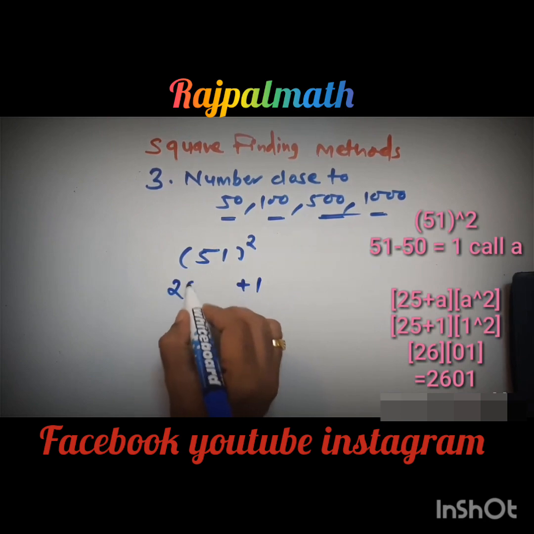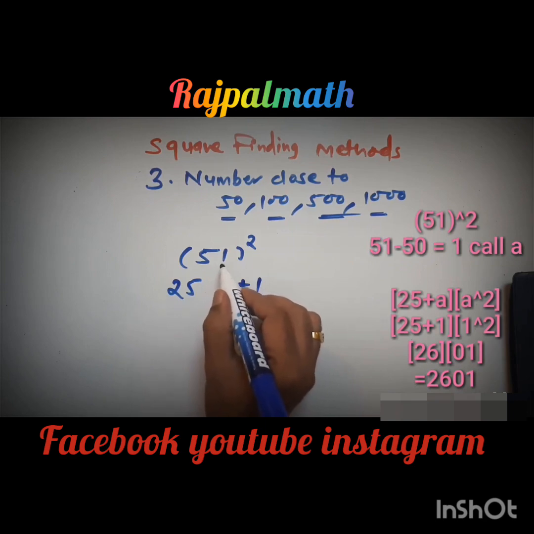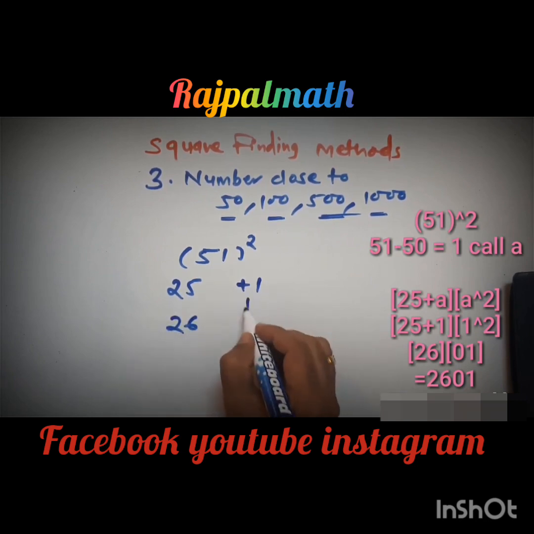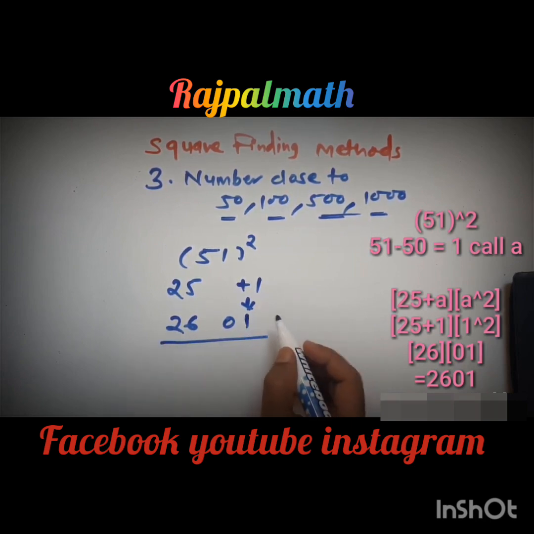I'm going to write 25 over here, which is the square of 5. You should remember this figure when you are finding the square of a number which is close to 50. So 25 plus 1 is 26, and the square of 1, I'm always going to represent in 2 digits, 01. So 2601 is my answer. The square of 51 is 2601.